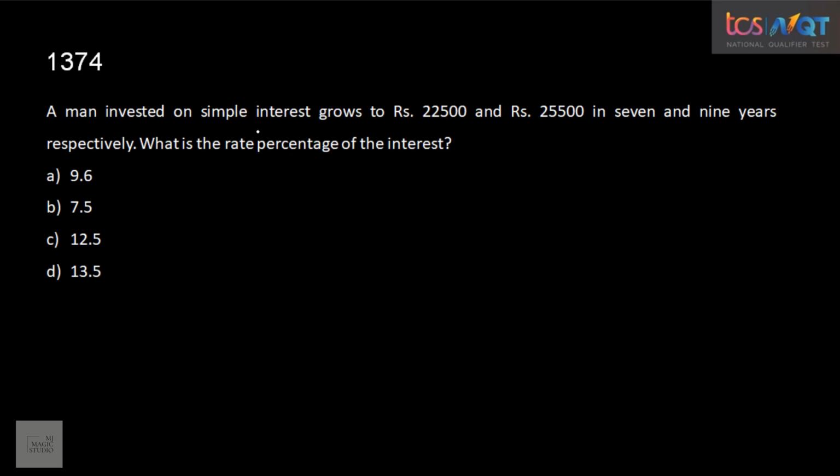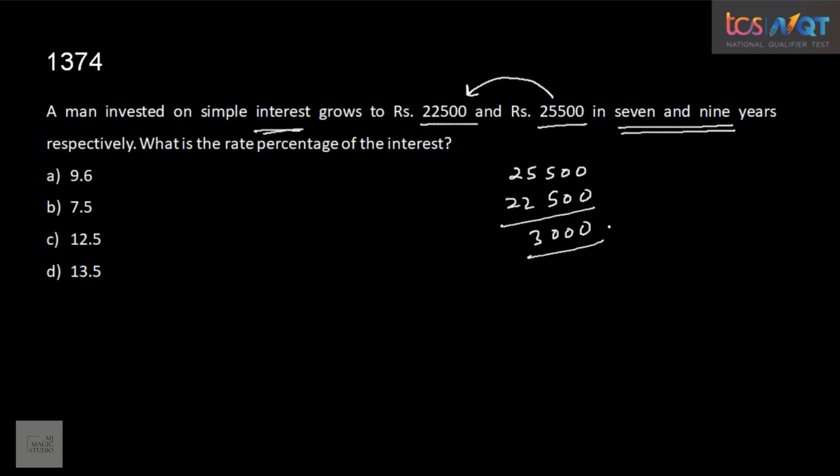A sum invested on simple interest grows to rupees 22500 and 25500 in 7 and 9 years. That means the difference between these two amounts, 25500 minus 22500, that is 3000, is the interest for 9 minus 7, that is 2 years. That means the interest for 1 year is 1500 rupees, which is equal to P into R by 100.